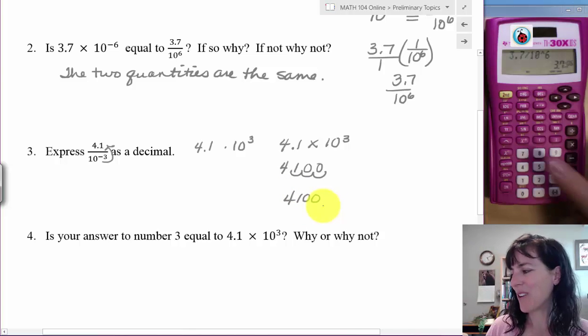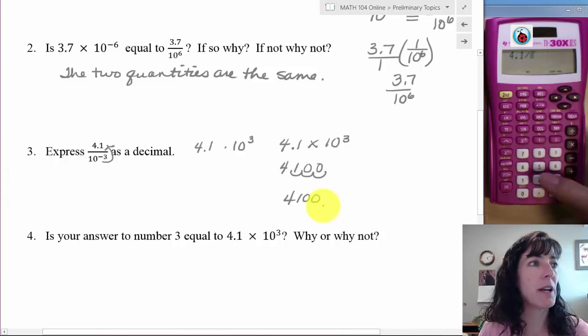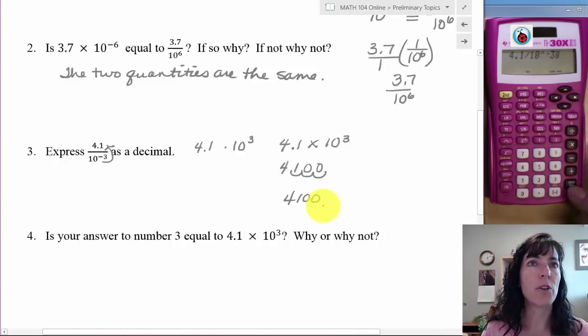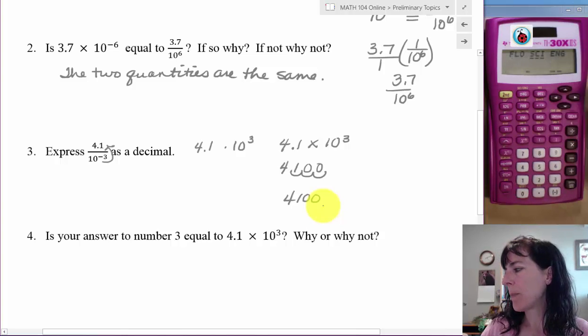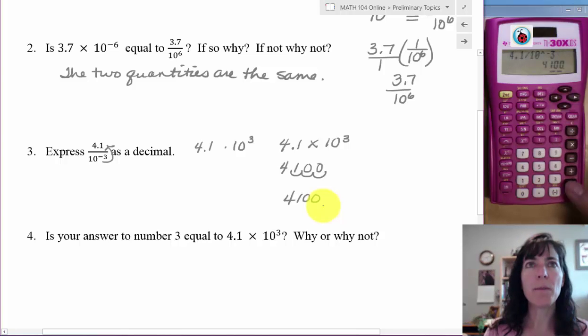On the calculator, it will be like this, 4.1 divided by 10 to the negative 3rd. And that gives me 4.1 times 10 to the positive 3rd, which is what we wrote up above. And then if I want to convert it, I can move back into floating point, and there's my 4,100.